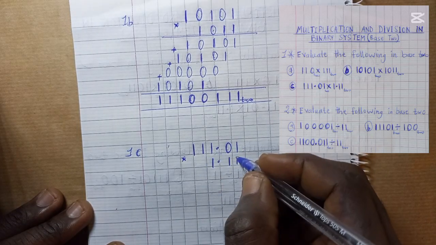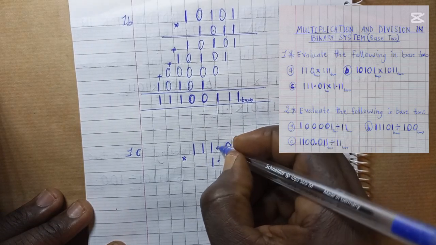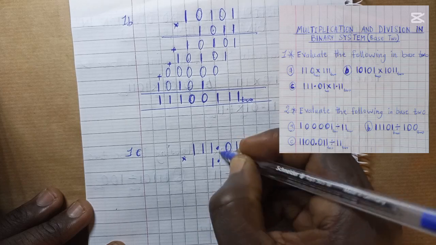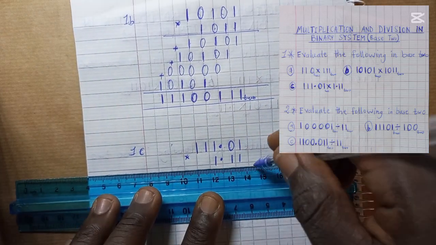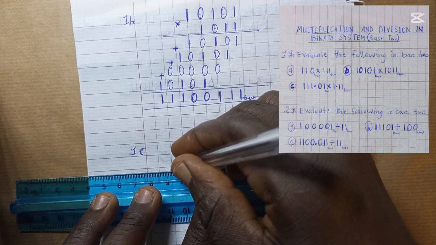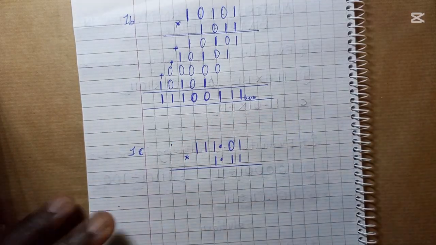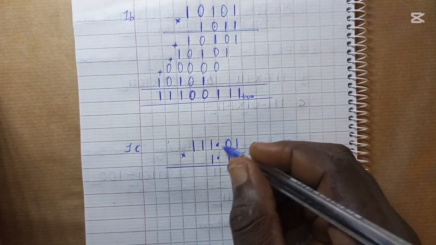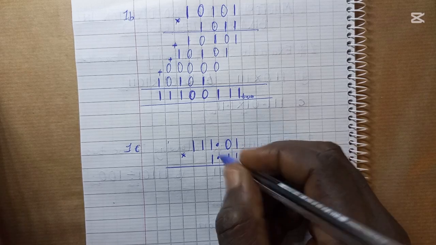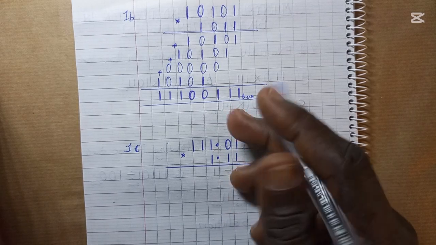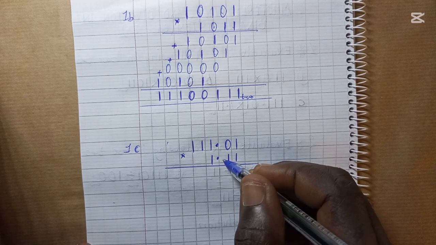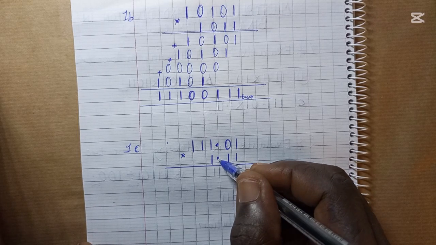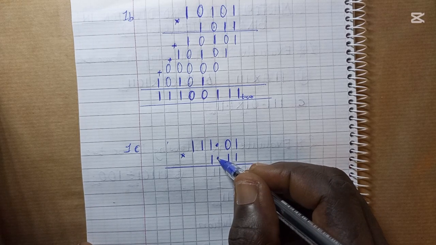Always arrange your numbers such that the decimal points line up together. Always arrange your numbers that way so that you won't get confused. Okay, let's continue. Now, when this one has a decimal point, we'll just do the normal calculation just like we've done here. Later on, I'm going to show where you're going to place your decimal point, because the answer to this one must have a decimal point.